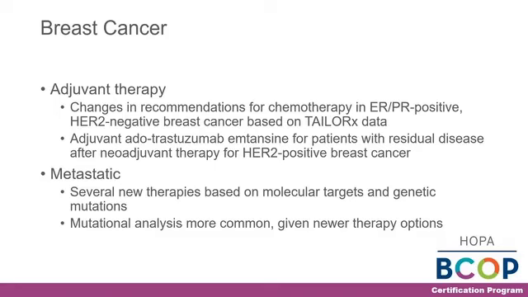And like I talked about in the last few slides, in the metastatic setting, we have had so many new therapies that are based on molecular targets or genetic mutations. And so there are several options, and we also are doing more mutational analyses given these newer options.